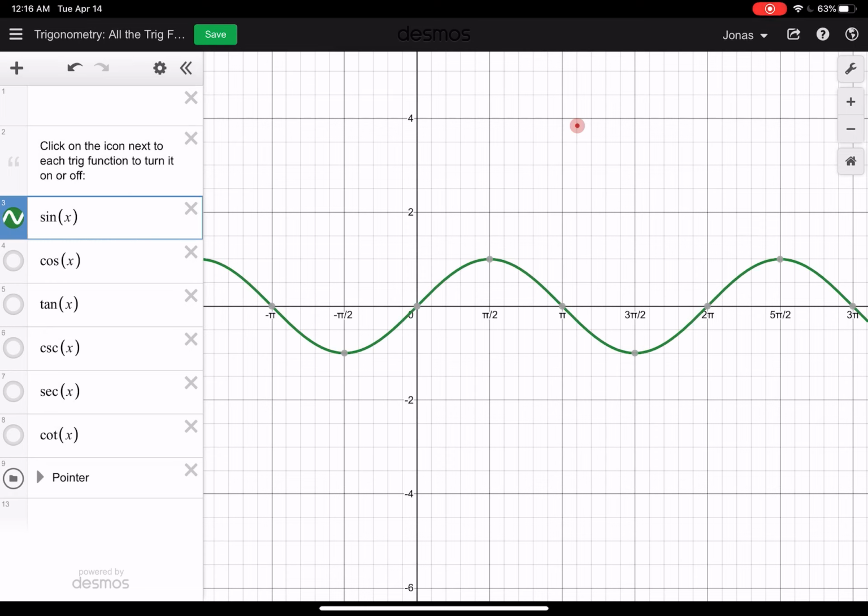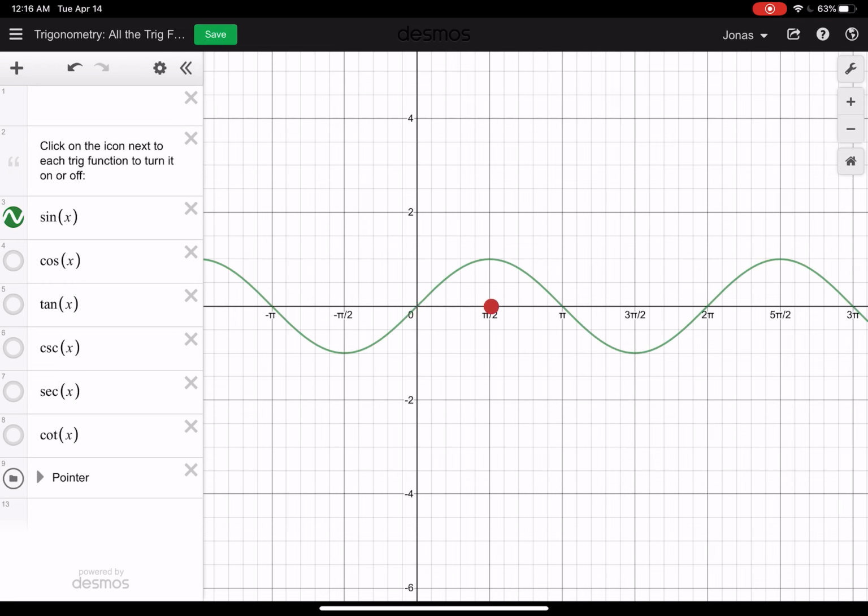So the sine function, you'll see that's reflected here. Here the x-axis is the angle, and the y-axis is what sine is equal to. So when the angle is 0, sine is equal to 0.